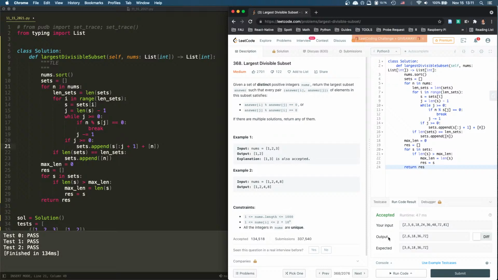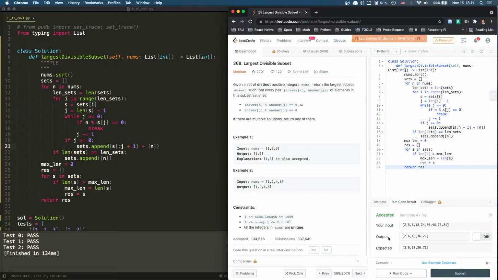Find factor. Right, find a factor 2, find a factor 3.